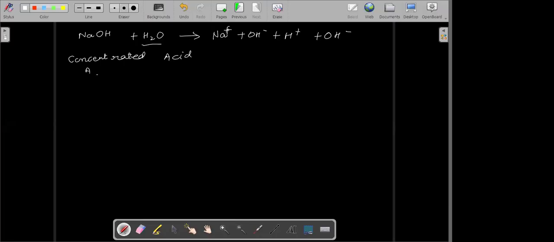Okay, a solution of acid having a high percentage or high amount of acid content, we call it the concentrated acid.